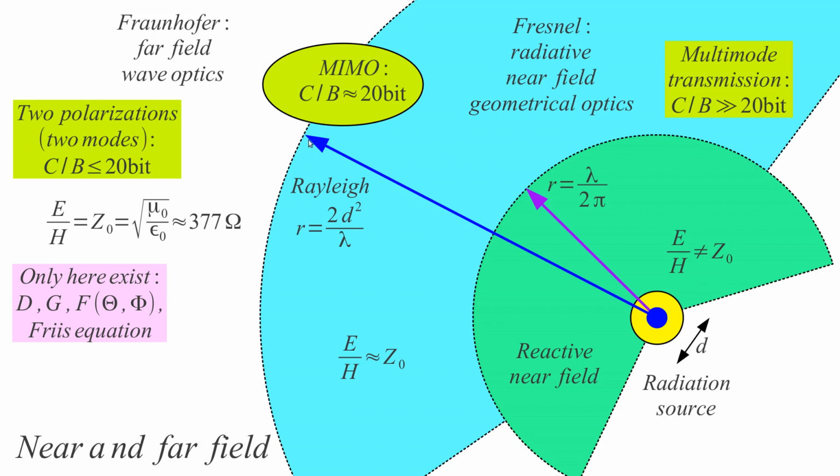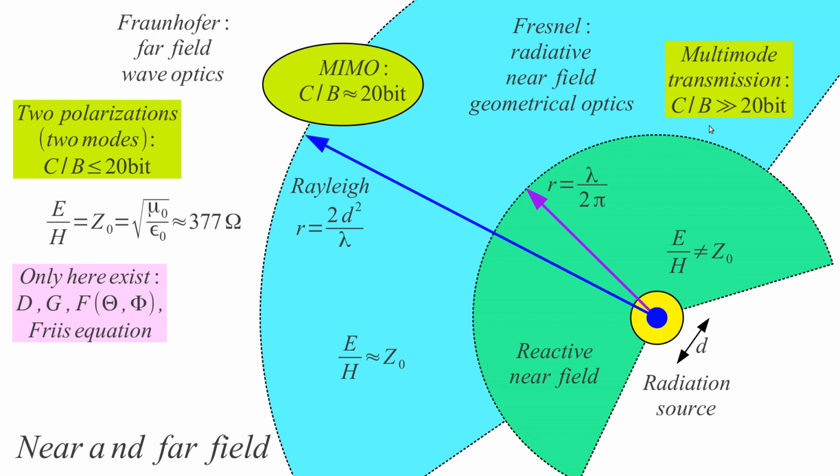So maybe at 100 gigahertz and 1 meter antenna, this distance is about 1 kilometer, where we can make actual use of this radiative near field to improve our spectrum efficiency.